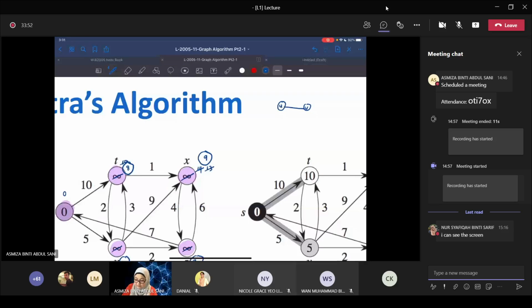When you do relaxation and update the distance, what you're saying is that you can get to that node with distance X through this node U. So you keep track of where the shortest path came from, so that you can determine how you can reach there with the shortest distance.